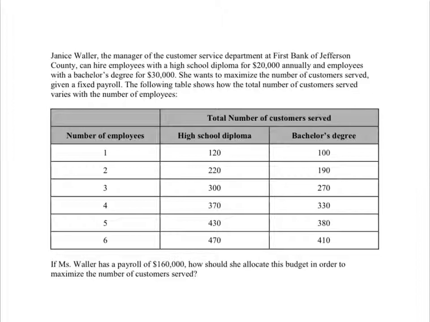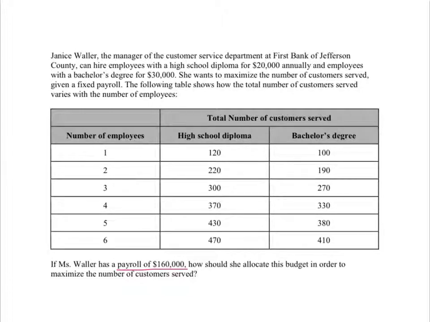But more important, what really makes this a constrained optimization problem is the fact that we have a constraint. We have a payroll of $160,000. There's a budget, and this limits what Janice Waller can do. She can't just hire 20 employees with a bachelor's degree. She can't afford it. Her payroll limits what she can do.